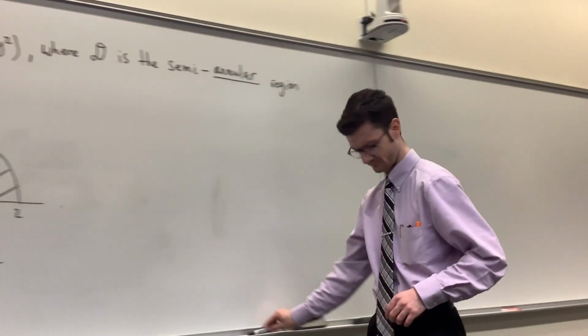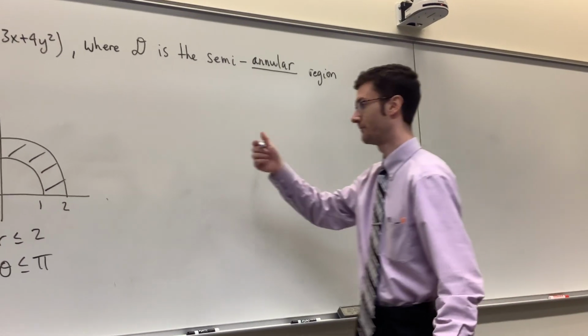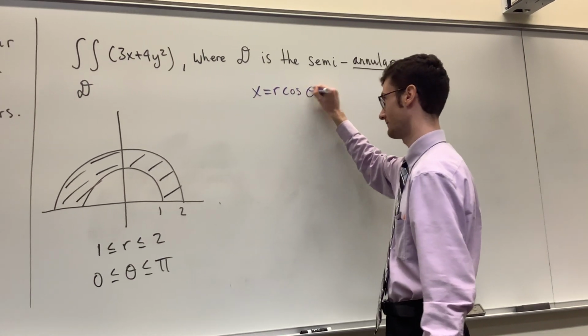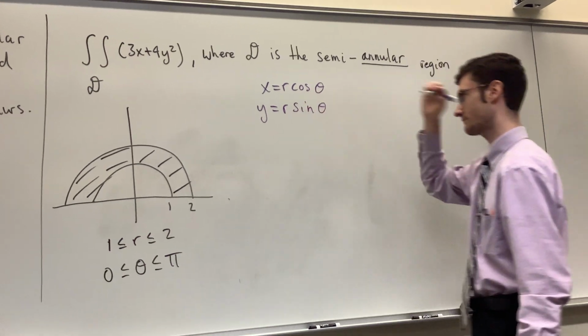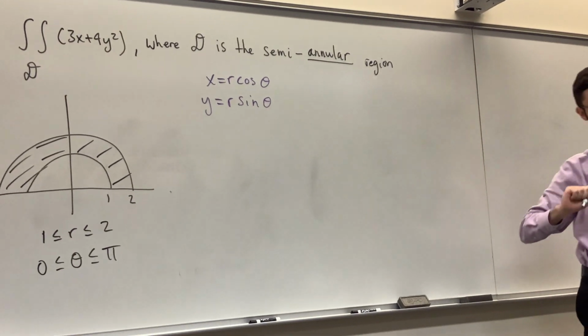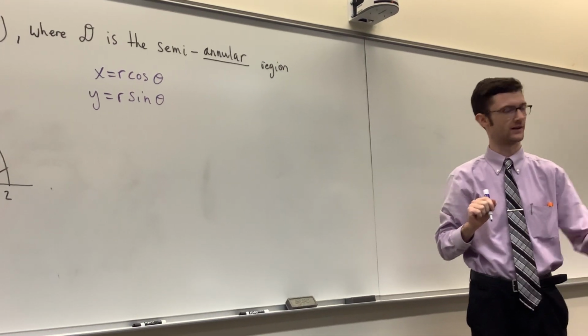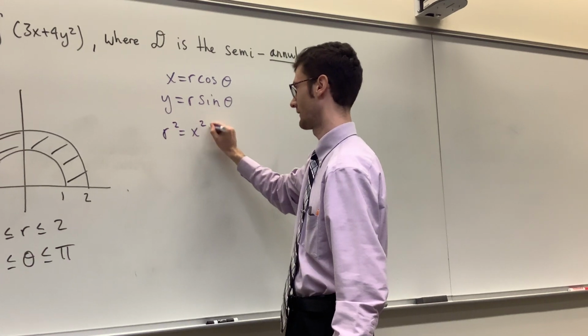We really just need to use these conversions: x equals r cosine theta, y equals r sine theta. And what's the other important one? r squared equals y squared plus x squared. Yeah, there it is. So x squared plus y squared is r squared.